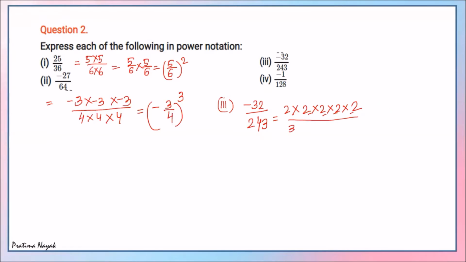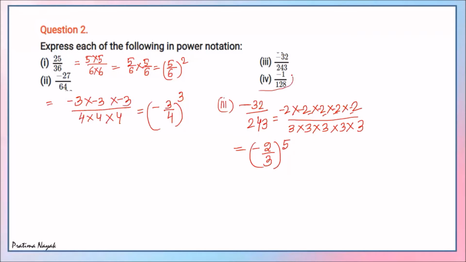It will be 3 into 3 into 3 into 3 into 3. How many times? It is 5 times. But there is a negative sign, so don't forget to give the negative sign to your 2. So the answer is (-2 by 3) to the power 5. This is the answer of part 3.